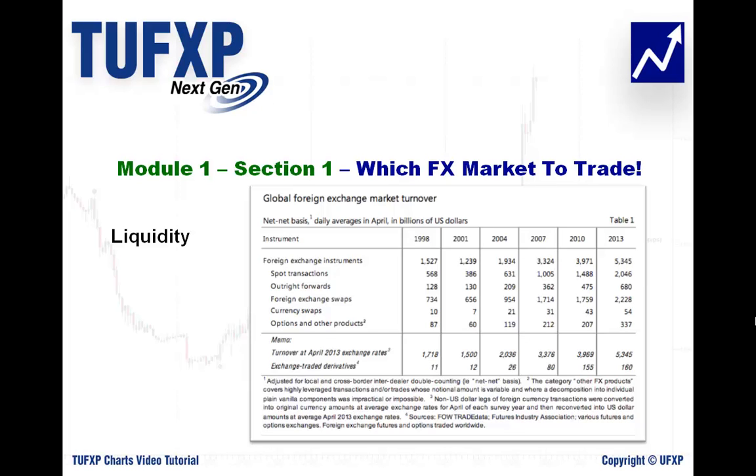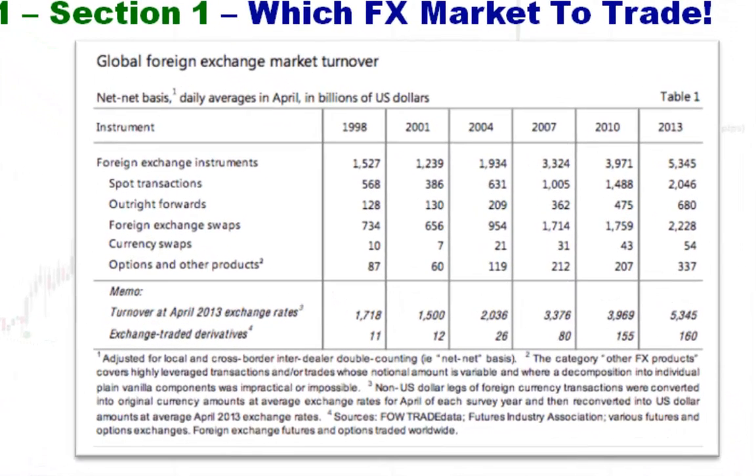Every 3 years there is a report that is released. It's called the Triennial Report, and it gives all of the details of the amount of liquidity that is available within the FX markets. If you look at this table here, you can see that in 1998 we had just over 1.5 trillion. Yes, that's 1.5 trillion.